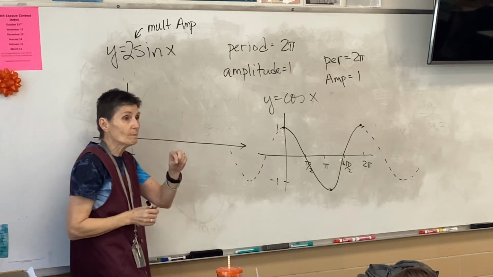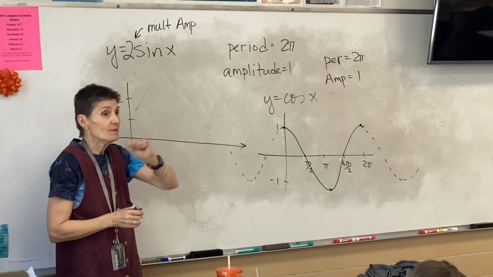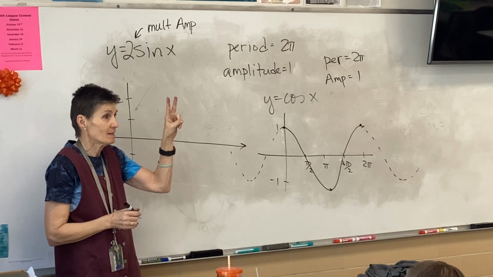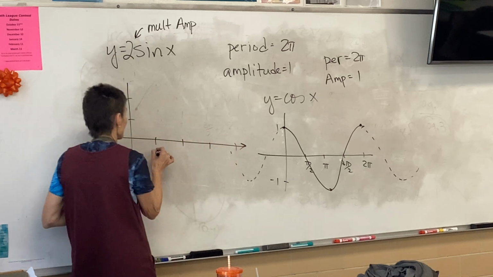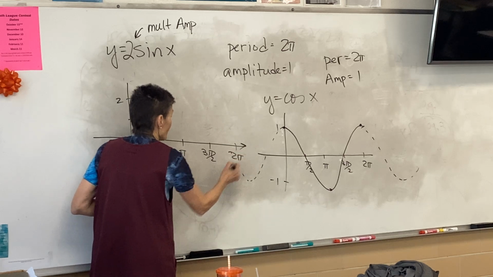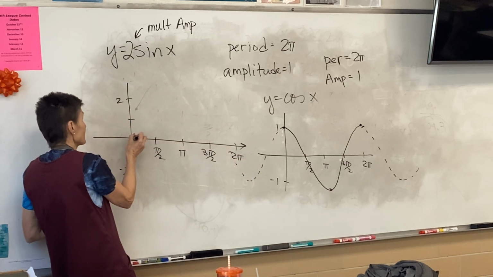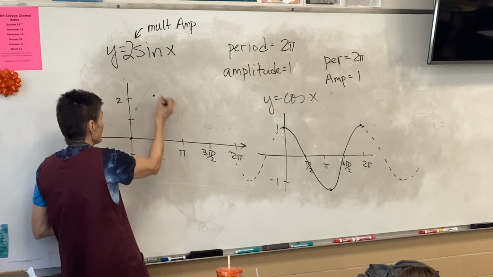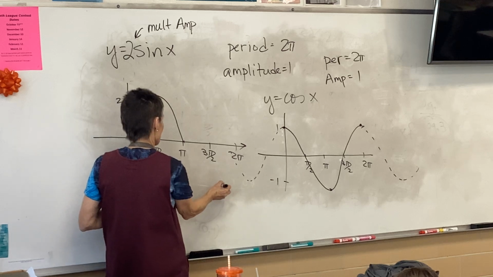So the normal amplitude is 1. This amplitude is going to be 2. Nothing else is going to change. So we have our normal labels. It's a sine starting at the origin. Okay, now it looks like this.